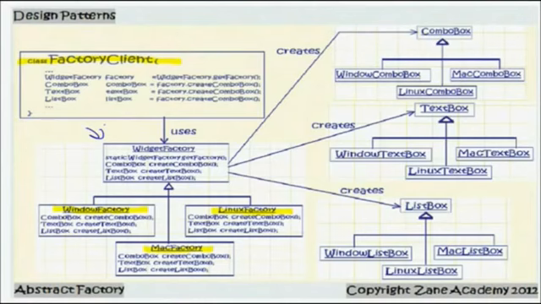In the case it would have been an interface, we would push the get factory static method up to the factory client. But here we have it as an abstract class, so the get factory method is implemented and it returns one of these factories, either Windows factory or Mac factory or Linux factory.